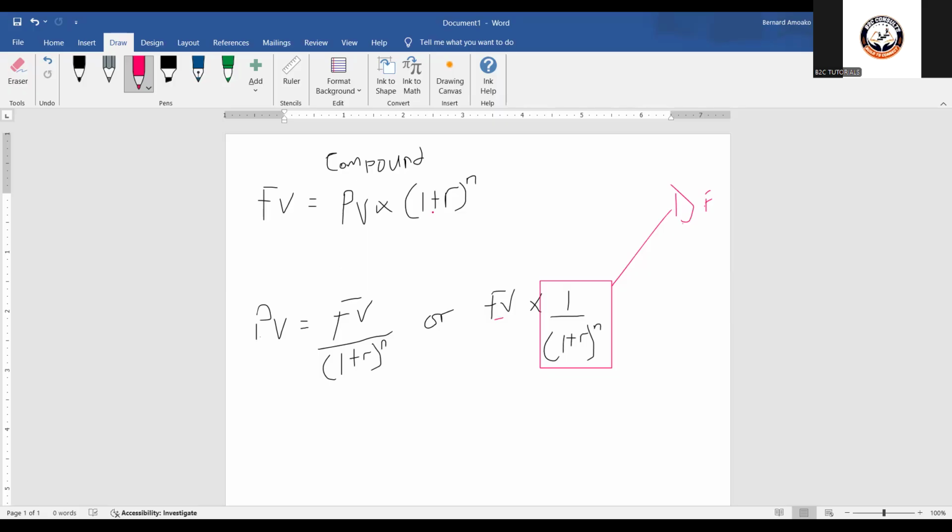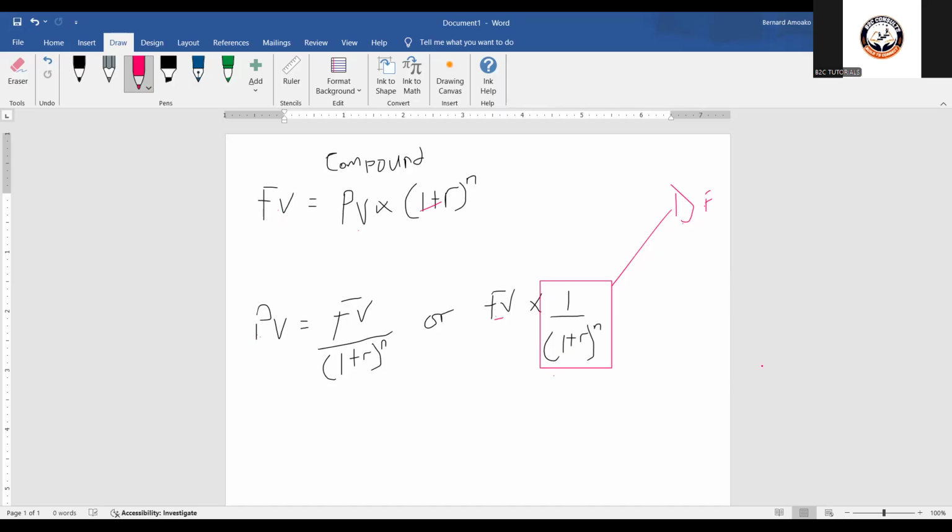And when you multiply (1 + r) raised to the power n by the present value, that is called compounding. So to compound present value, you get future value, and to discount future value, you get present value.